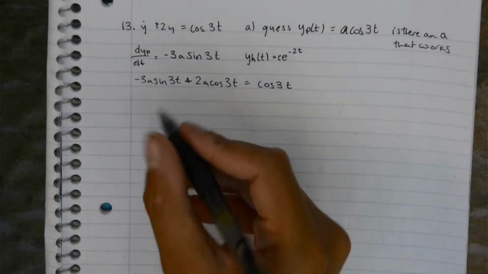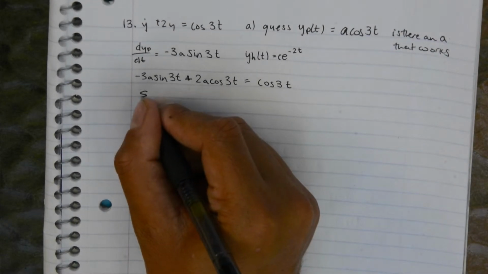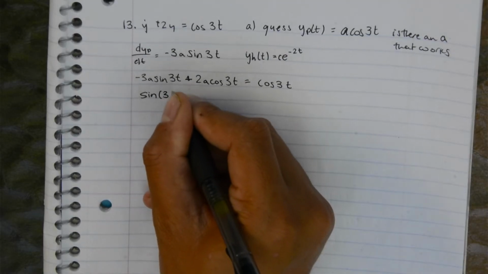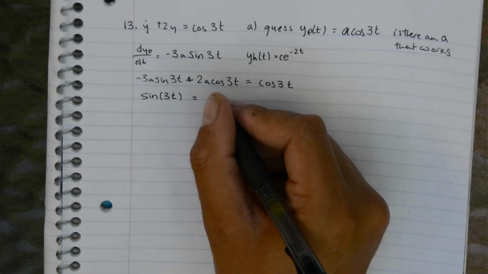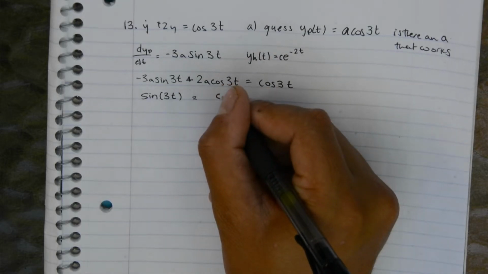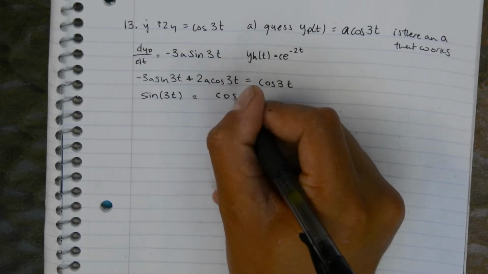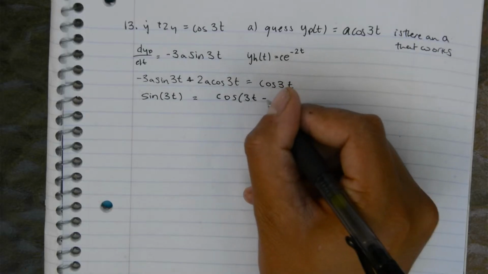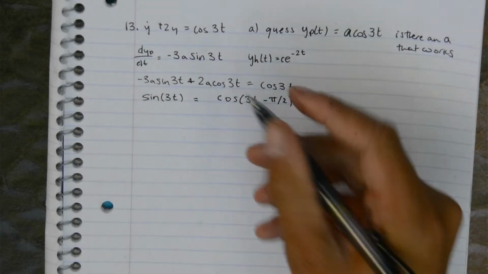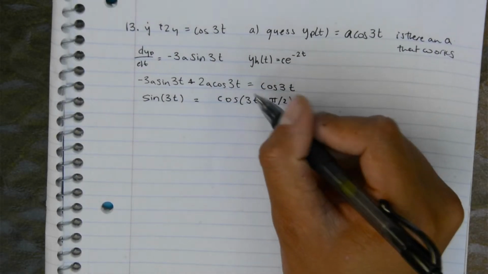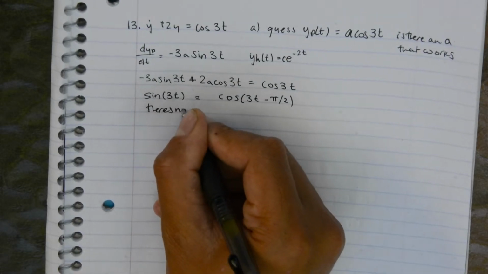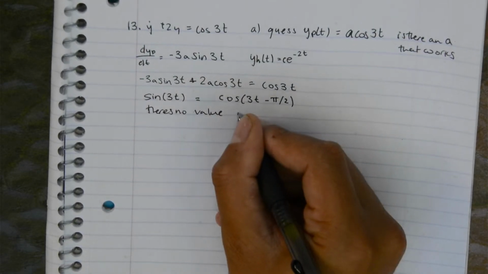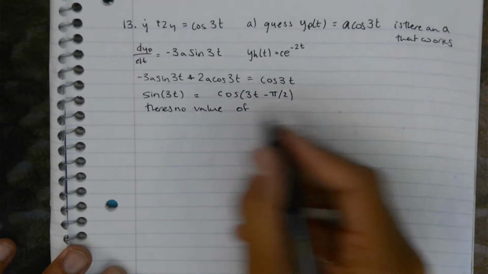So even though we could use the identity that sine 3t is equal to cos of 3t minus pi over 2, we still won't be able to add these two together. So there's no value. Well, actually, hold on.